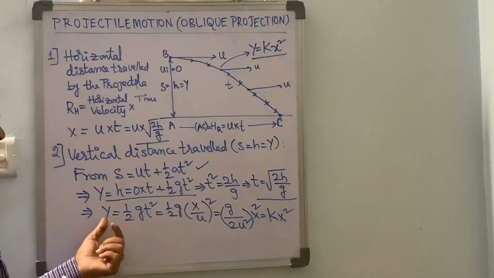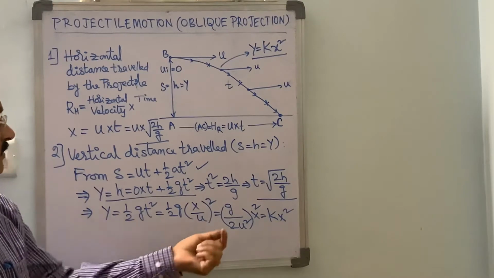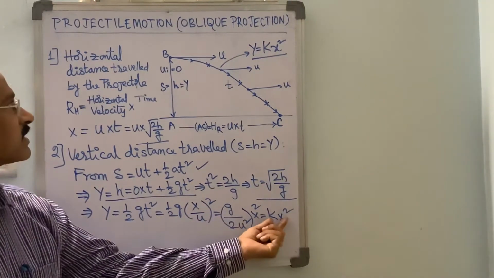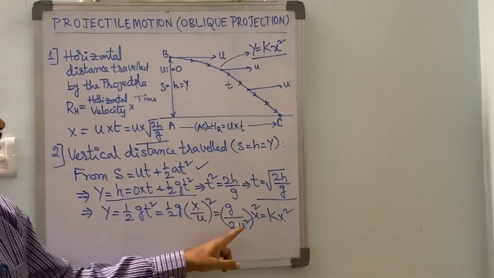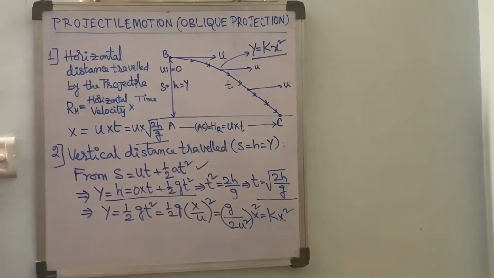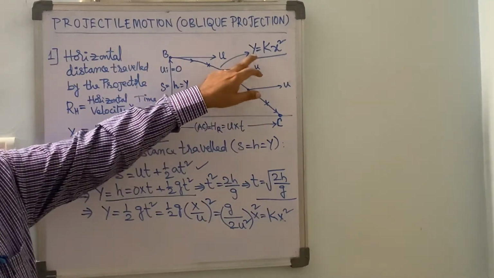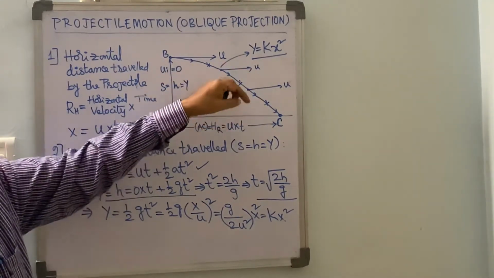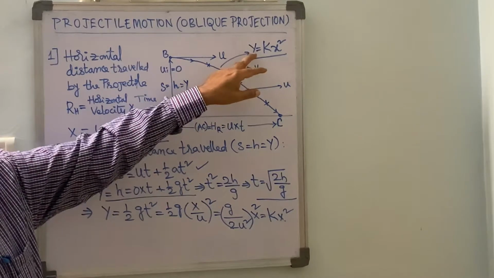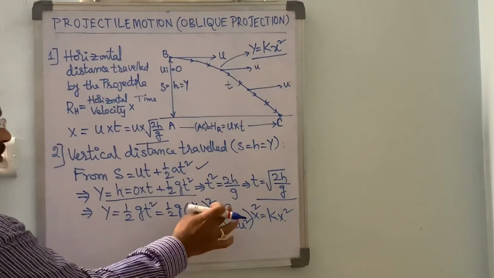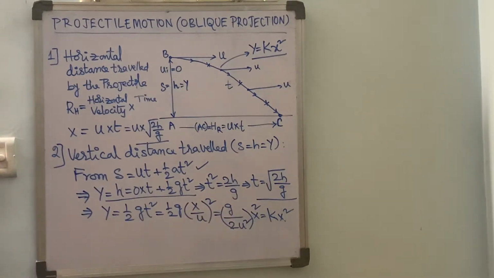Therefore the above equation is in the form of y equal to kx square, where k equal to g by 2u square. Therefore the path of the projectile is a parabola. So this path of the projectile is in the form of a parabolic equation passing through the origin, y equal to kx square, where k equal to g by 2u square.